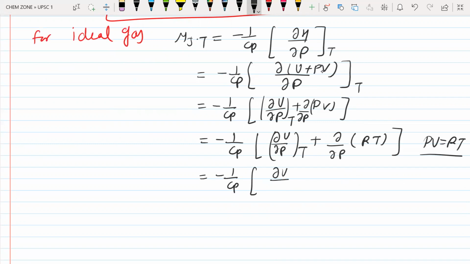Now, this can be written as RT multiplied by del V in denominator as well as numerator. We can get this. This term is taken as constant. We can put the value 0 here.